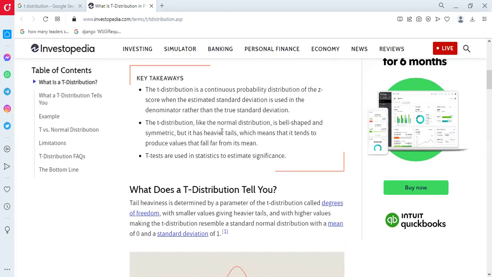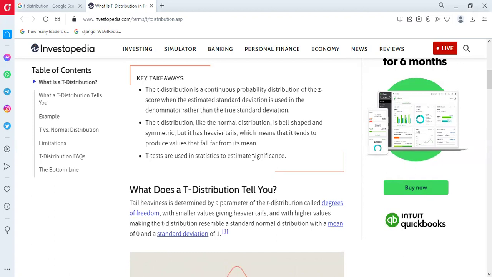The t distribution, like the normal distribution, is bell-shaped and symmetric, but has heavier tails, which means that it tends to produce values that fall far from its mean.